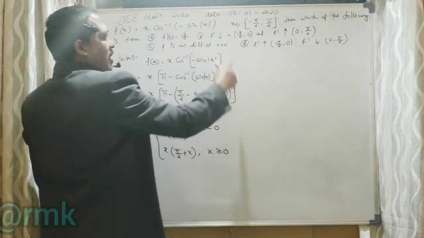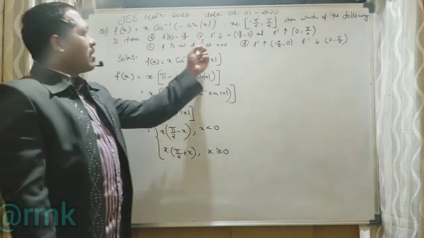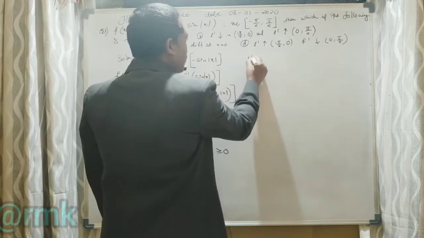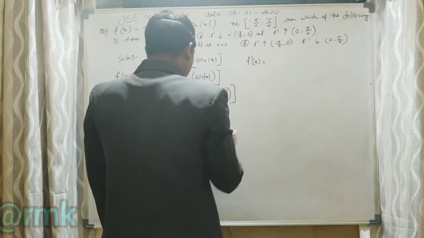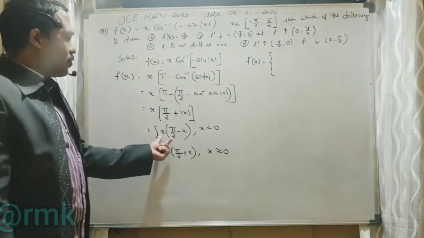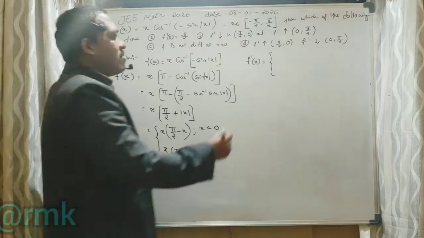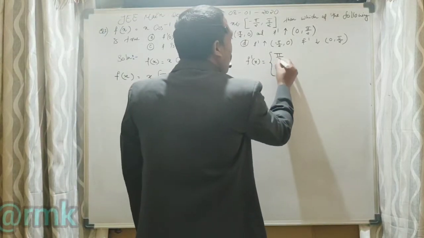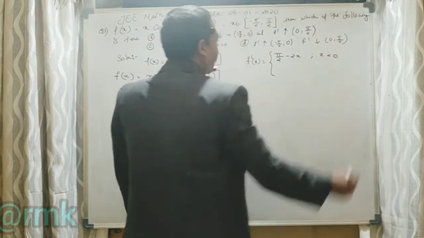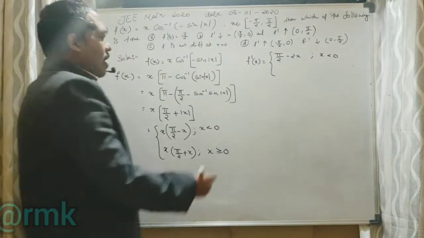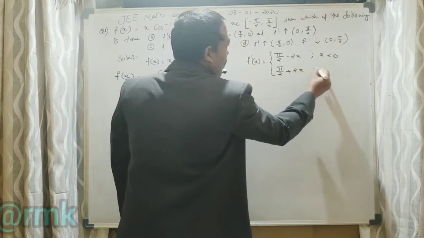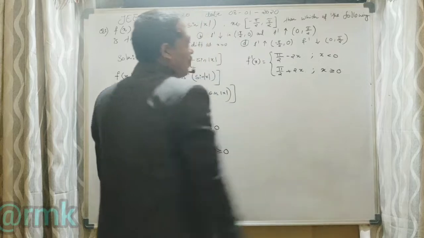Taking derivatives, discussing the derivatives in the options. First derivative: f dash x is the derivative of pi by 2 x minus x square, which is pi by 2 minus 2x when x is less than 0, and pi by 2 plus 2x when x is greater than or equal to 0.